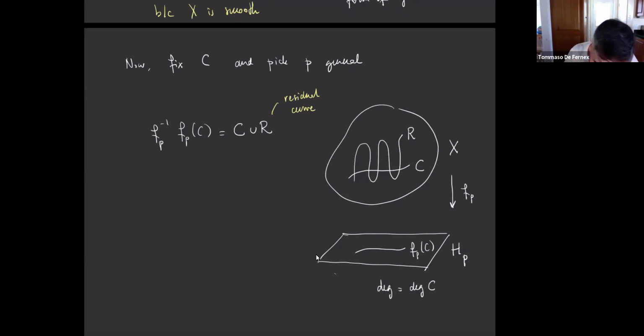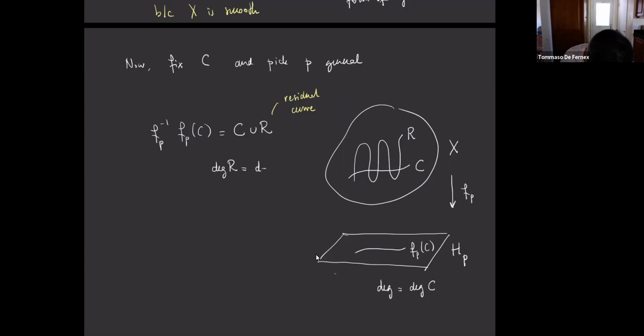And what I see is that this is a curve of degree equal to what? Well, the X has degree D, so the image of C has degree of C. So when I take the inverse image of that and intersect with X, I get something of degree D times the degree of C. But then there is one component that I'm removing.